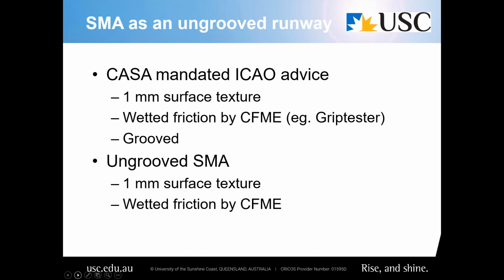And of course, ungrooved SMA isn't going to be grooved, so it needs to either have 1 millimeter surface texture or friction levels above the recommended ICAO levels. Or preferably, it will have both of those things, and we'll get to some data on those things later. I just wanted to re-emphasize, if we didn't meet this, then ungrooved SMA really wasn't ever going to be viable.